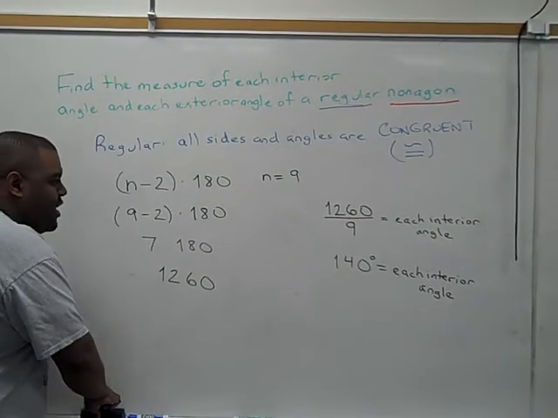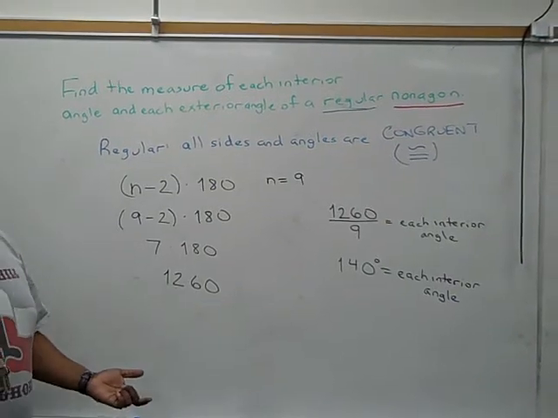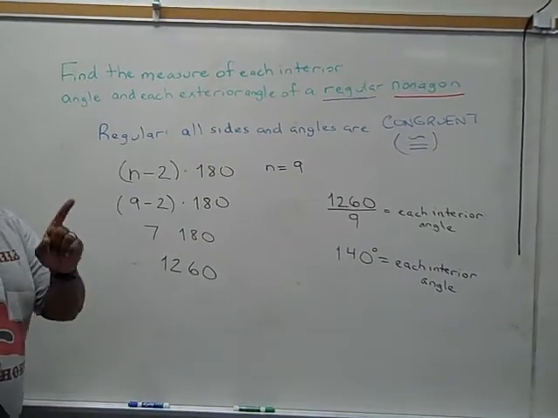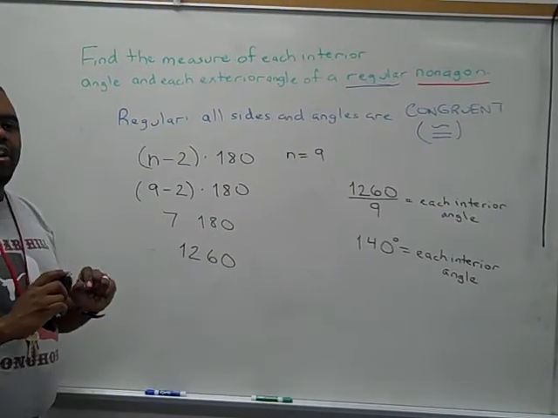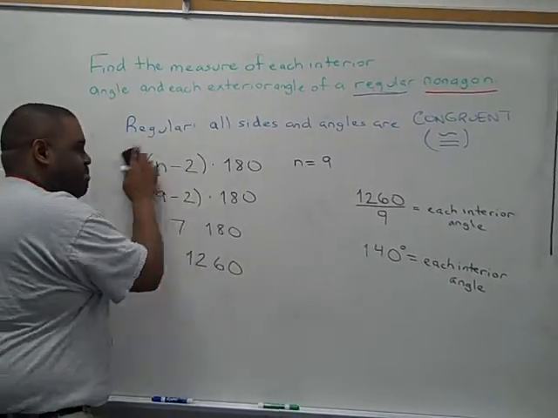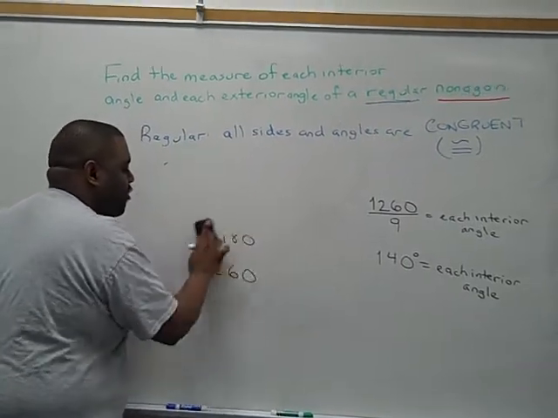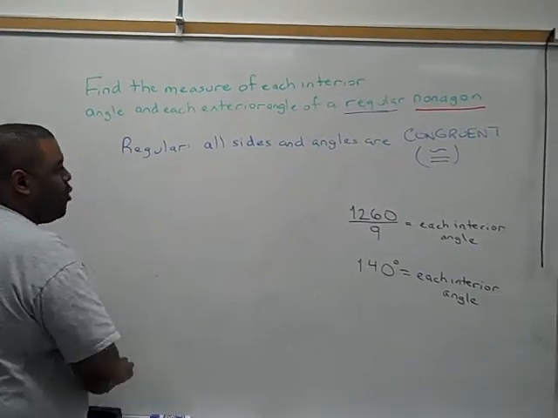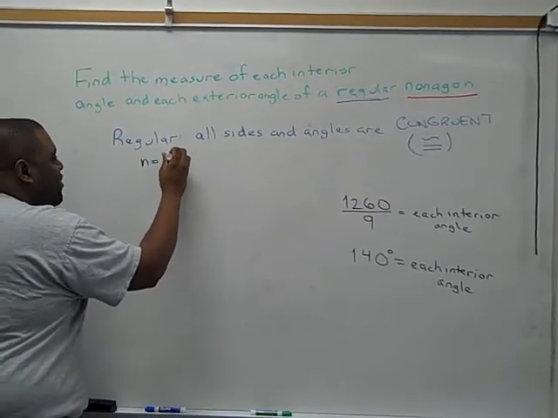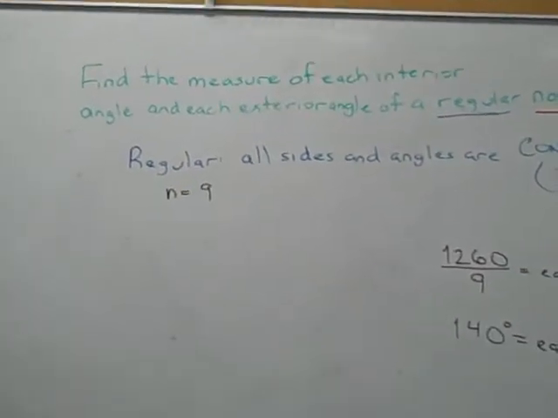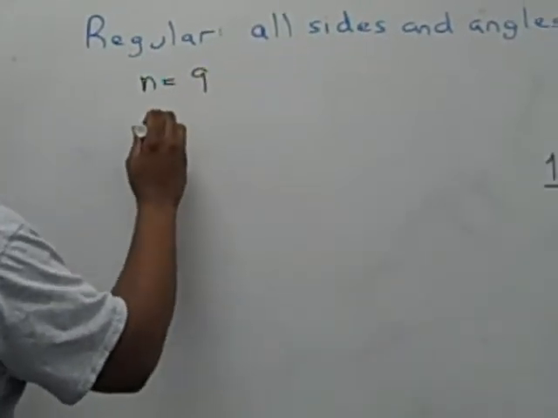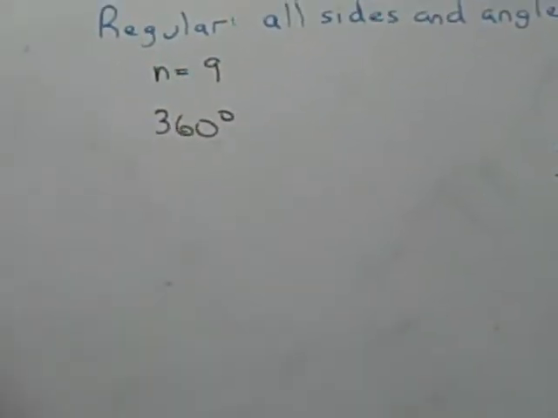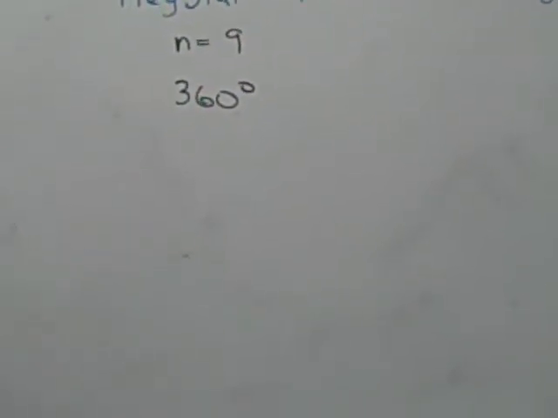Who remembers that formula? That's right. All you have to remember is that the sum of the exterior angles in any polygon equals 360 degrees. So we already know n equals 9 for the number of sides, and we also know that the sum of the exterior angles is 360 degrees. So all we have to do is find the measurement of each one.